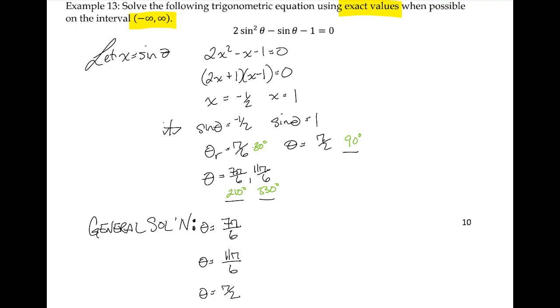But then I need to account for going around in a full circle. So I would say 2 pi, accounting for that full circle revolution to land there again. And then if you remember, we used the letter K to help us out here and simply state that K is an element of the integers.